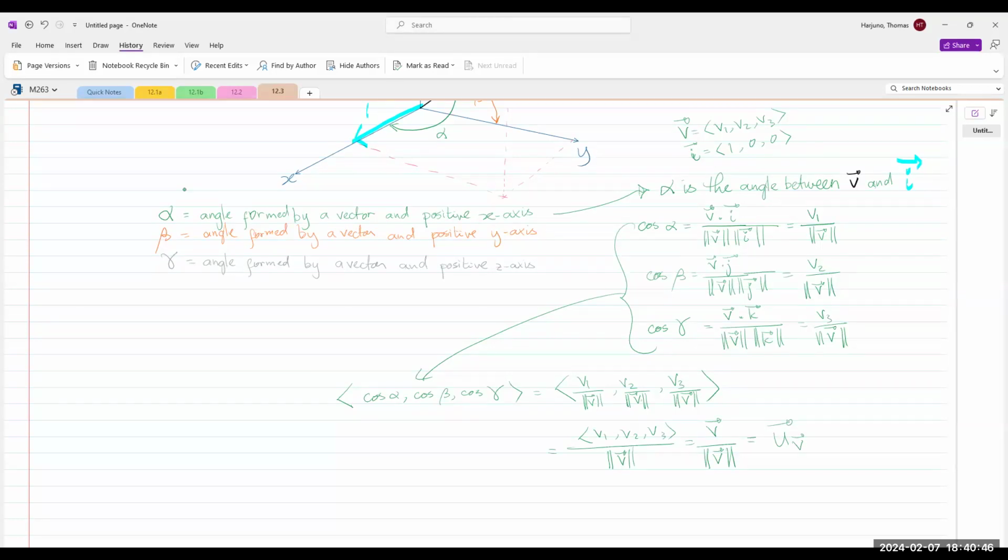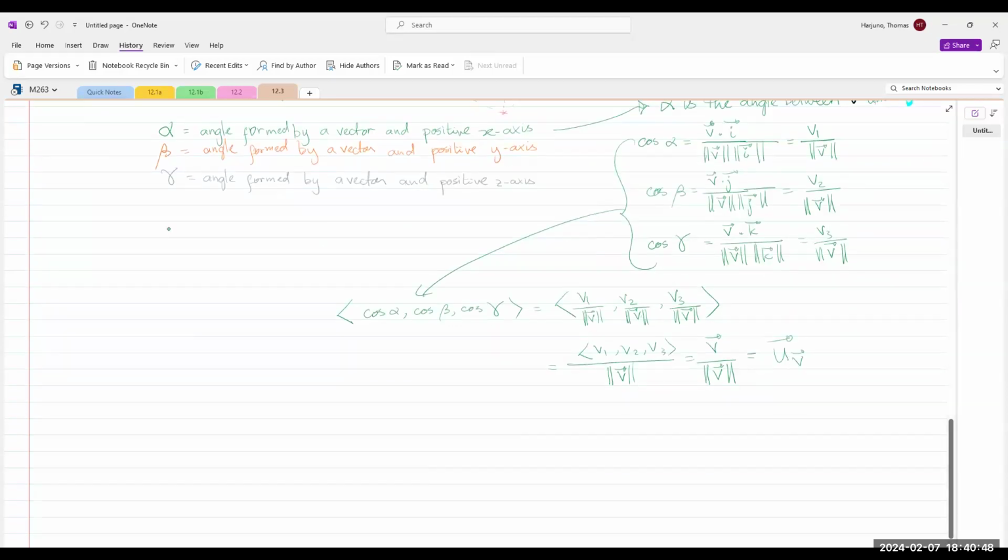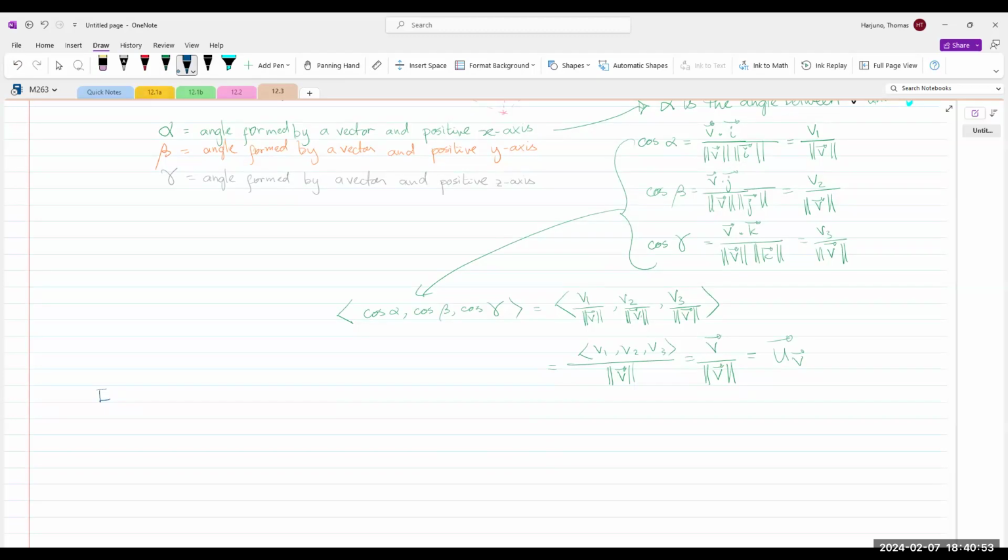Okay, so suppose, for example, we have factor a, which is 3, negative 4, and 5, like that. We want to find alpha, beta, and gamma, the direction angles.